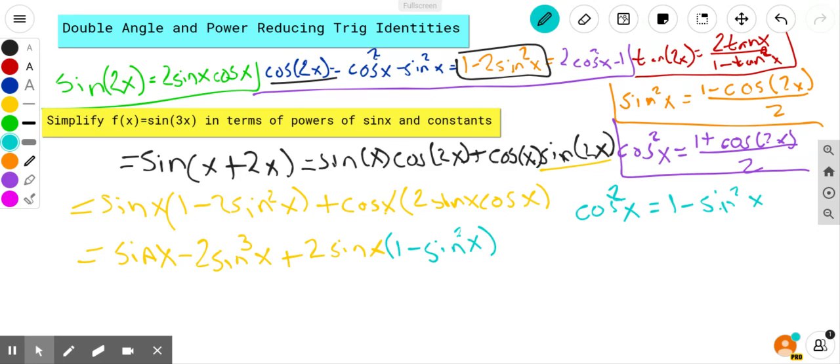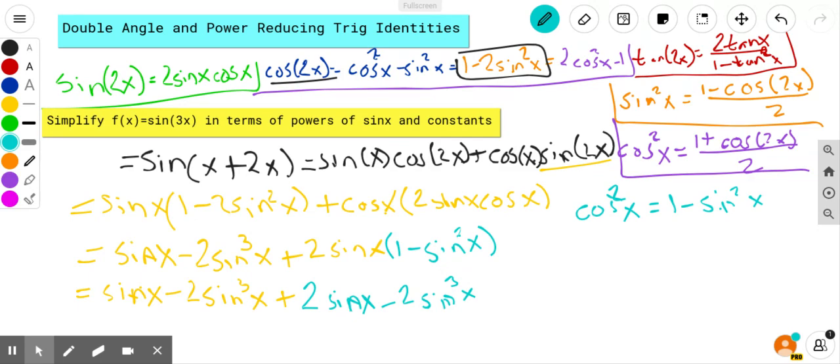So doing so means that my next line should look like sine of x minus 2 sine cubed of x plus 2 sine of x minus 2 sine cubed of x. Yeah, I'm sorry. This is as good as it's going to get.